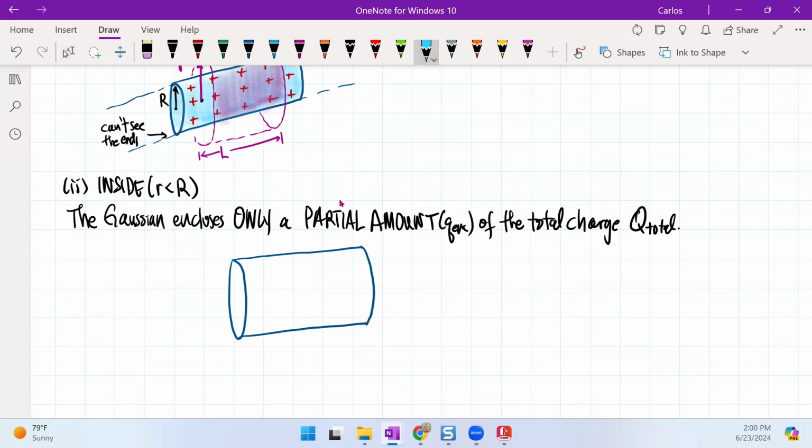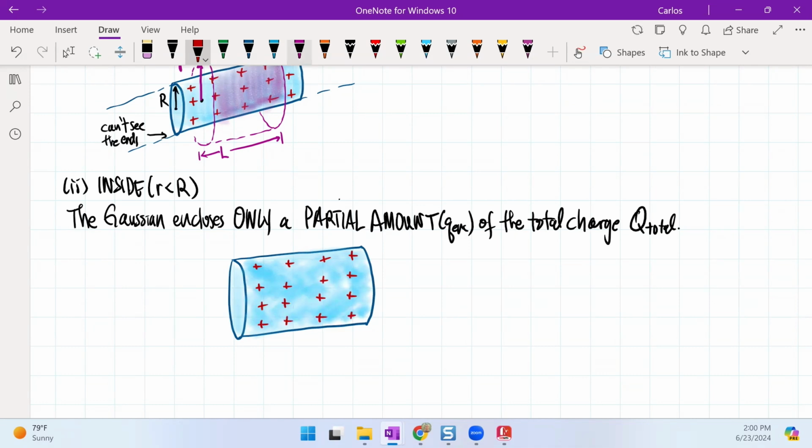Here's my Gaussian, and I have a uniform charge distribution.